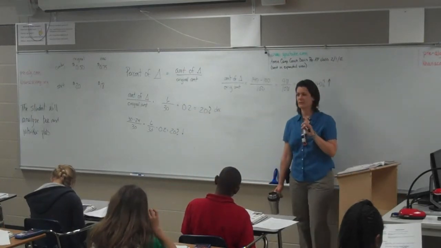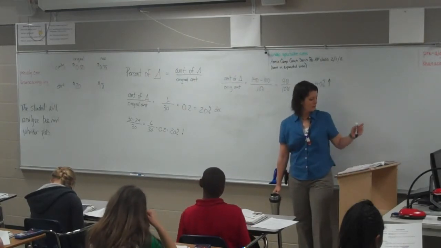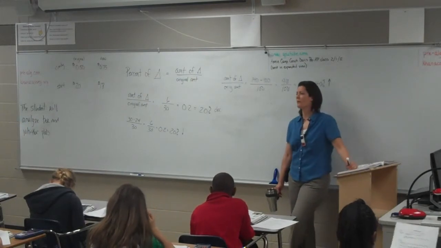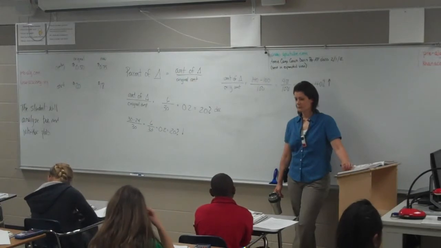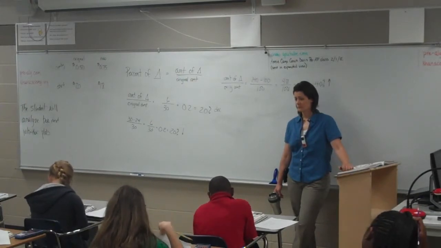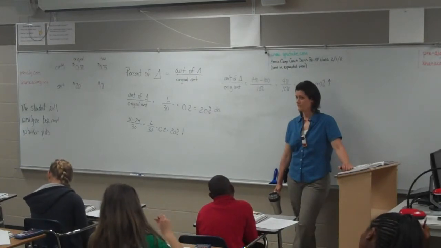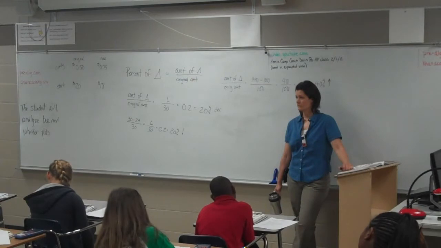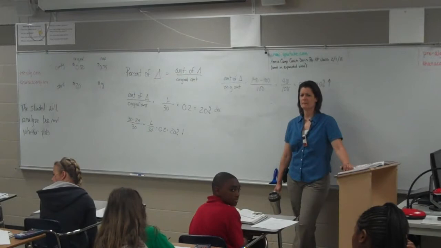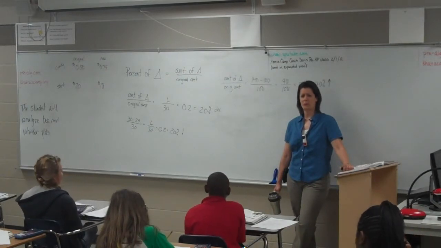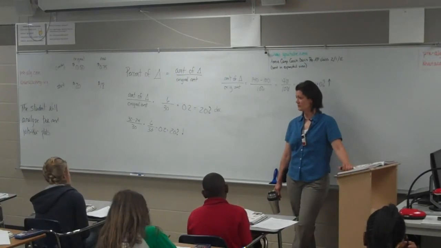You're doubling the length of the sides. So, what do I do to find the percent of increase in the perimeter? We have to find the perimeter of the original rectangle, correct?